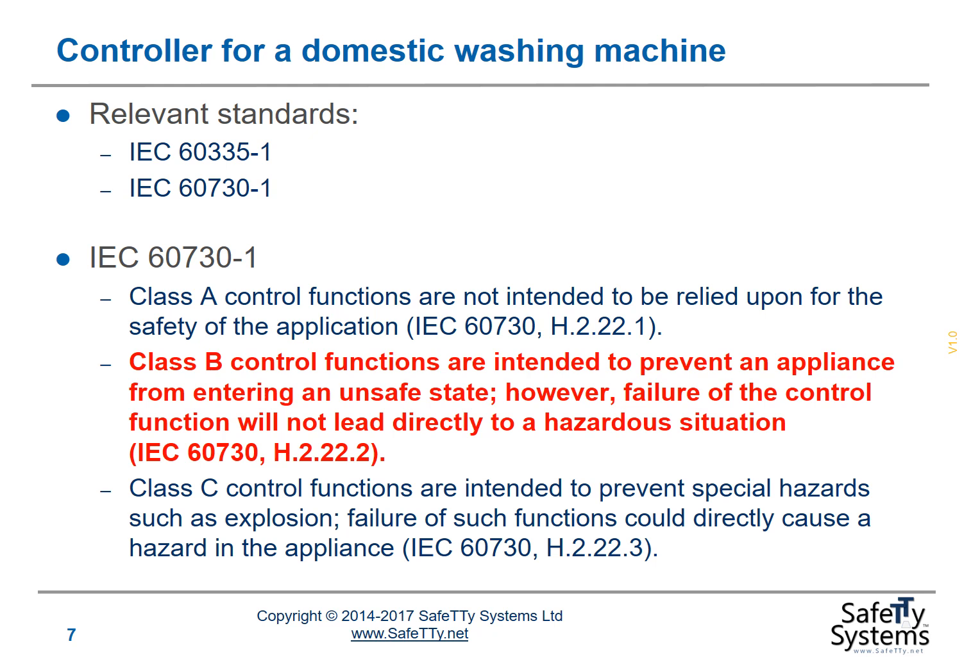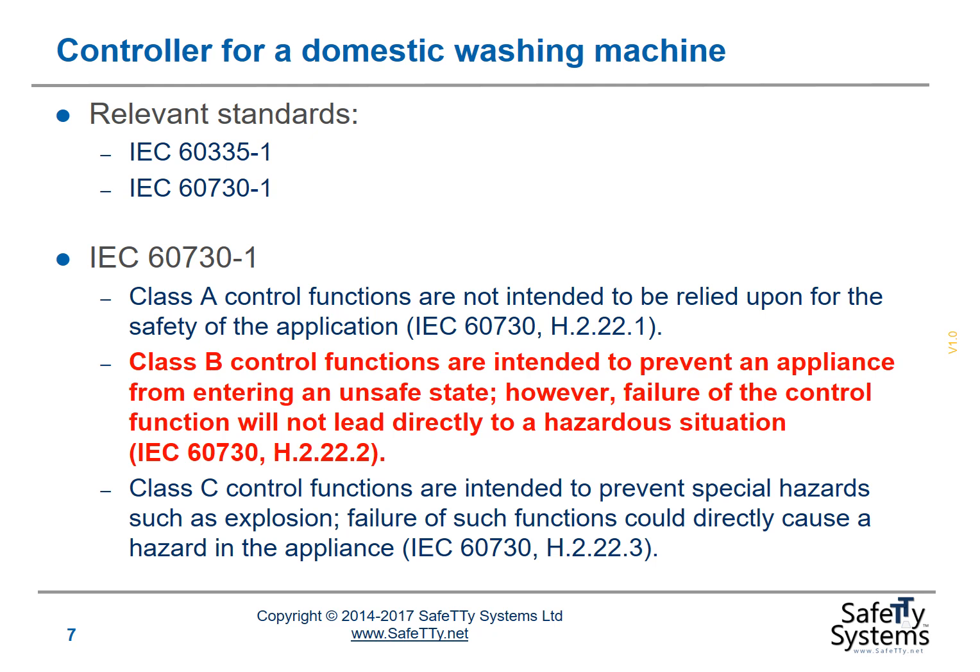So let's just briefly look at the differences here. Class A control functions are not safety related. Class B control functions are intended to prevent an appliance from entering an unsafe state. If a Class B function fails, a device is, for example, not going to explode.